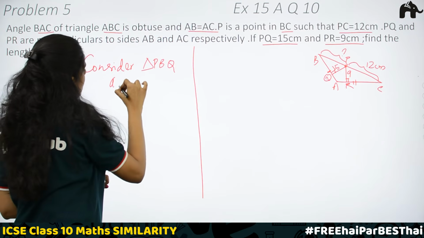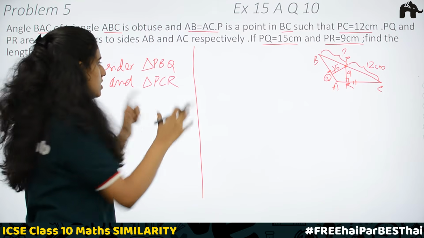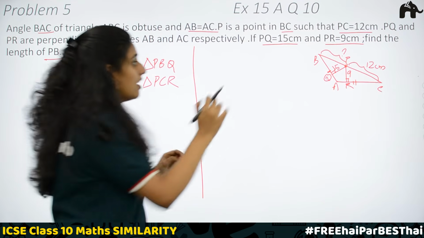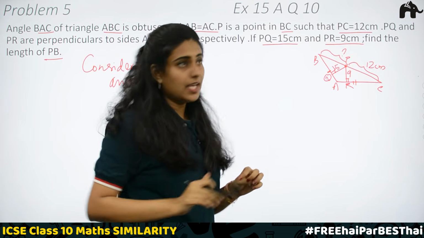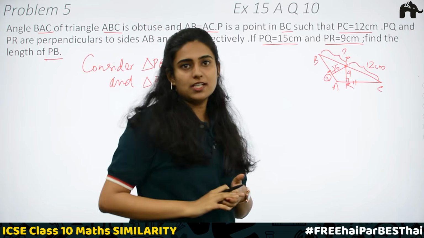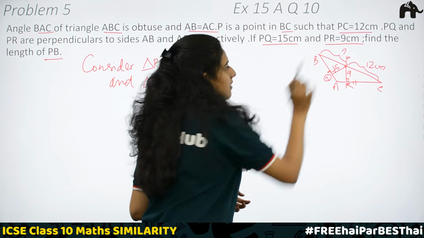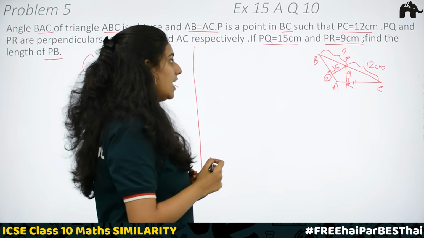Now, let us find what can be done to get these two triangles similar. If they are similar, the ratio of corresponding sides will be equal. From that, we can find the value of PB. First, we have to prove they are similar. How can we prove this?